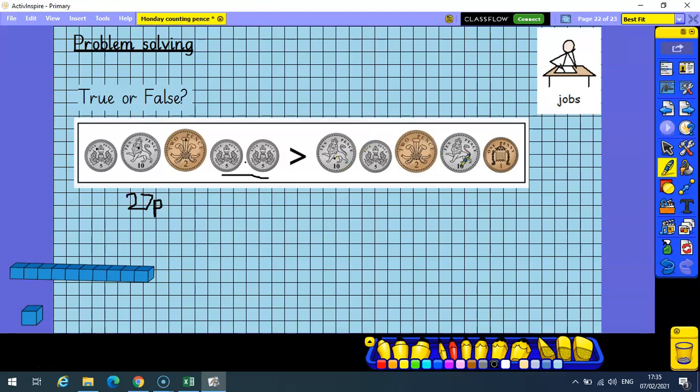And here I've got 10, 20, 25, 26, 27, 28. 28 pence. So actually, 27 pence is less than 28 pence. So the answer is false. And we've done our working out there, haven't we? 27p. So false, because 27p is less than 28p.